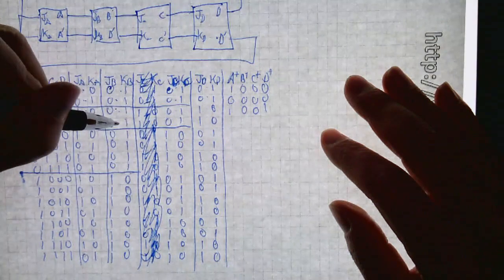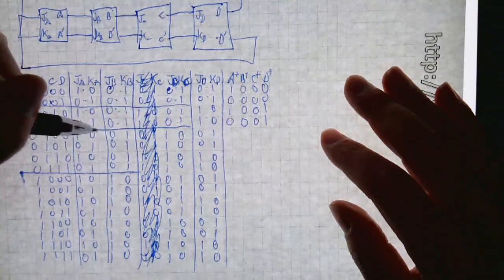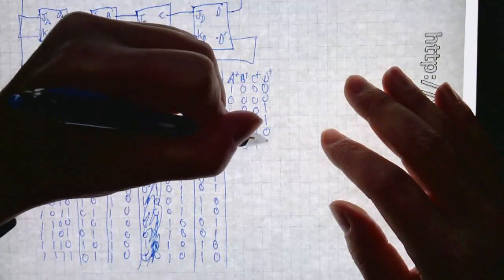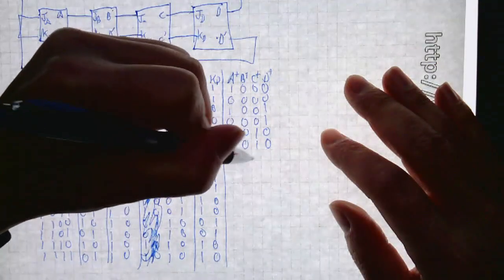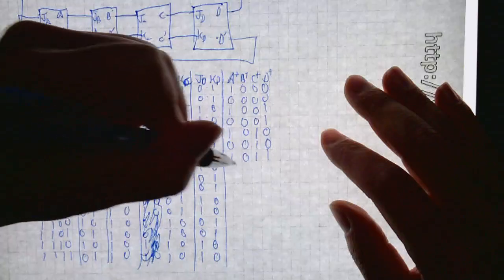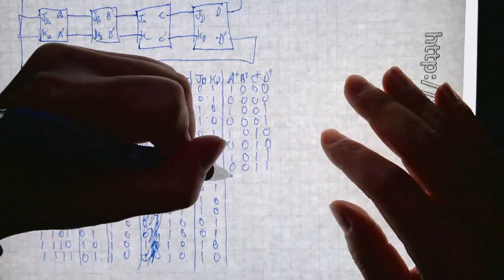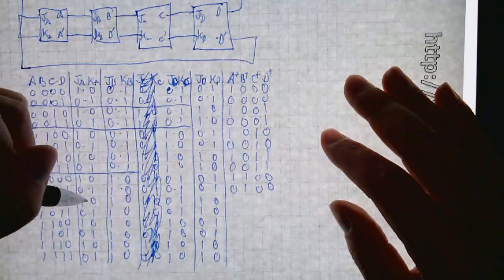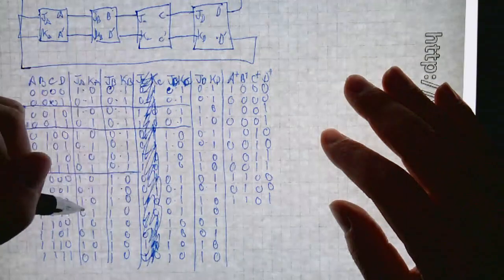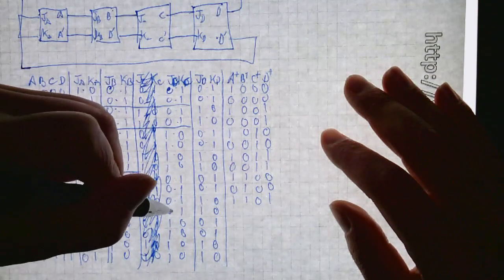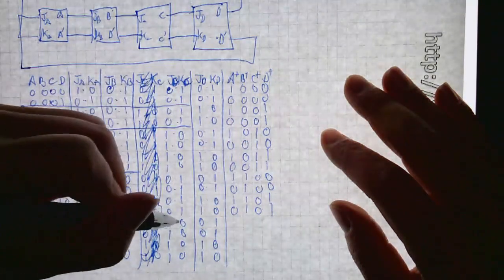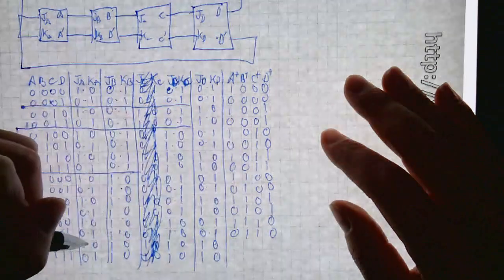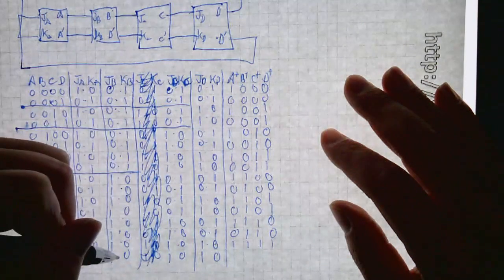I got 0, 0, 0, 1. 1, 0, 1, 0. 0, 0, 1, 0. 1, 0, 1, 1. 0, 0, 1, 1. 1, 1, 0, 0. 0, 1, 0, 0. 1, 1, 0, 1. 0, 1, 0, 1. 1, 1, 1, 0. 0, 1, 1, 0. 1, 1, 1, 1. 0, 1, 1, 1.